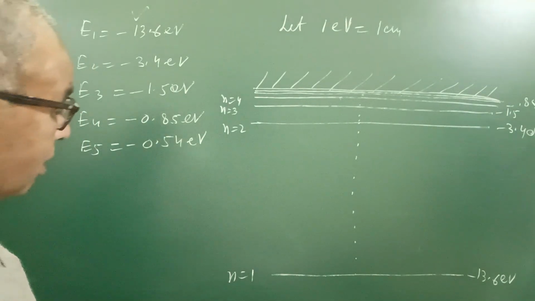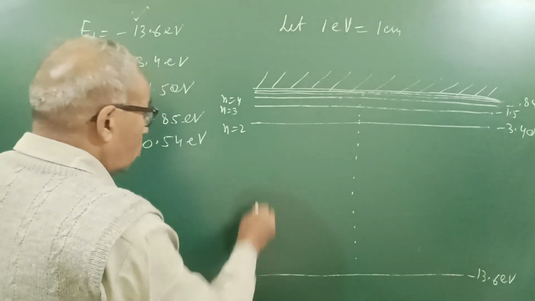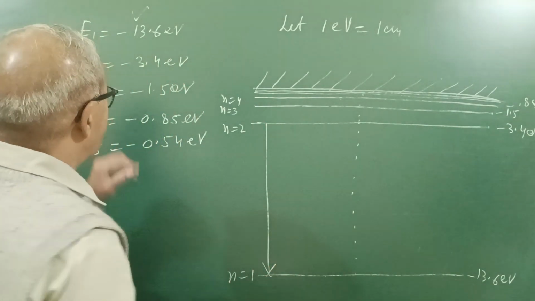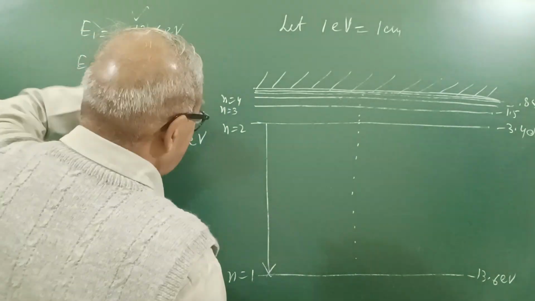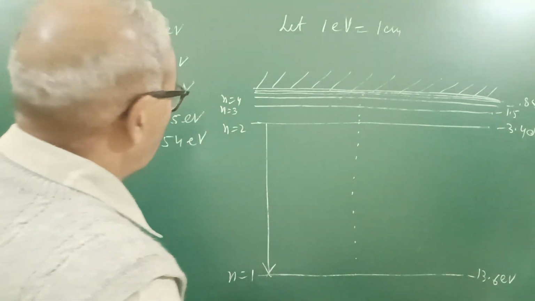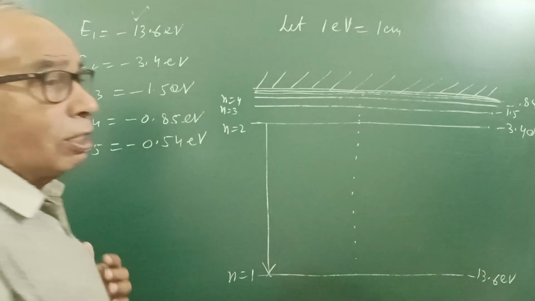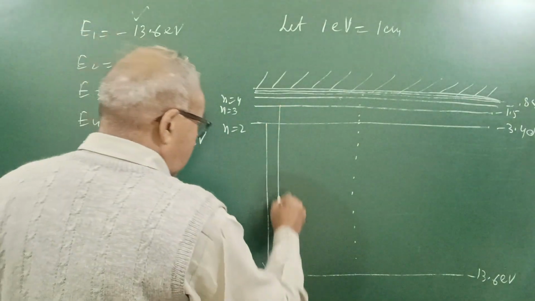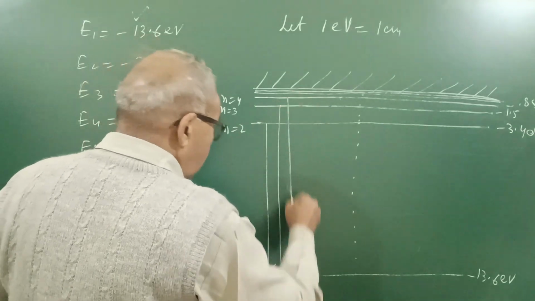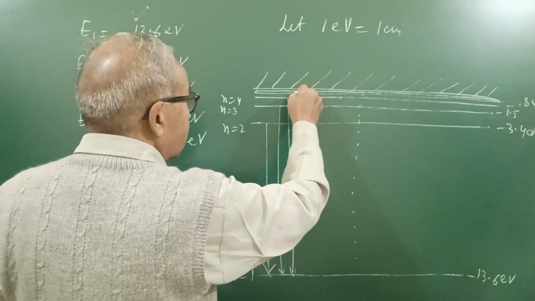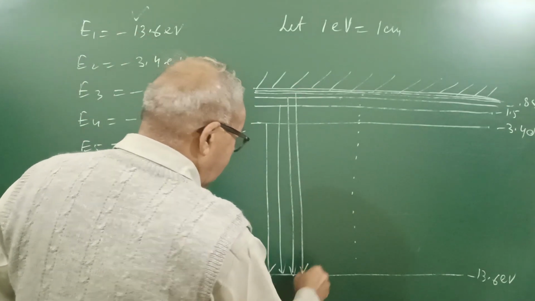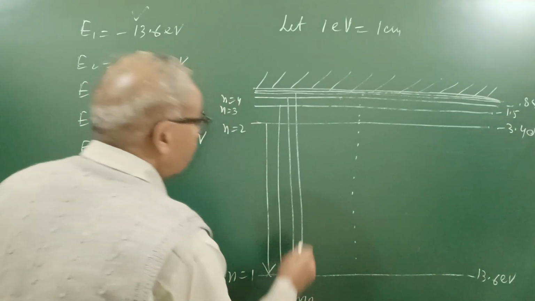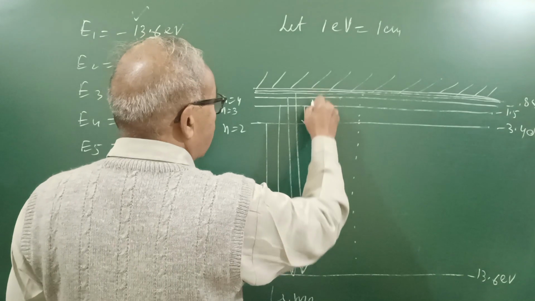Here you can represent the different series also. When electron jumps from this to this, it will emit energy of 10.2 electron volt, which is the energy of photon of ultraviolet region. These will represent the transitions corresponding to Lyman series. Balmer here like this.